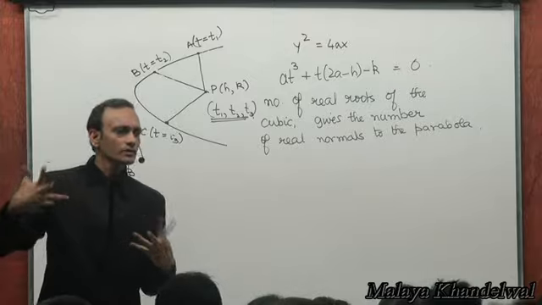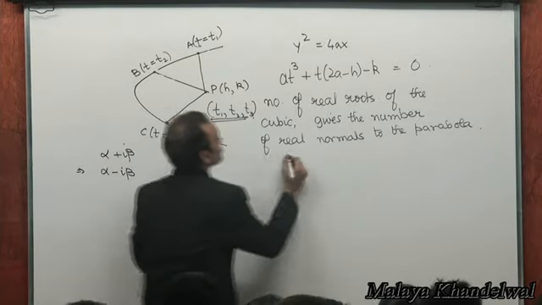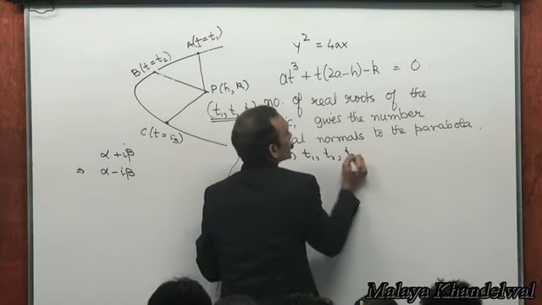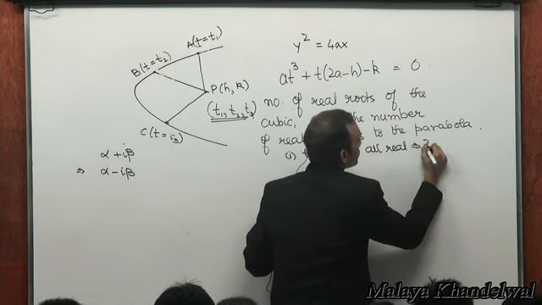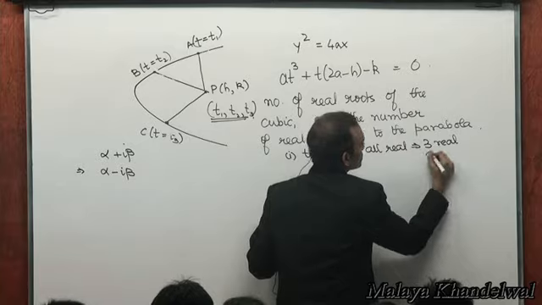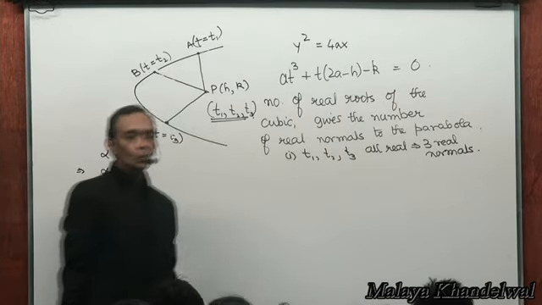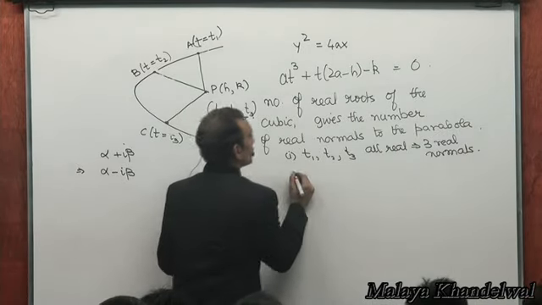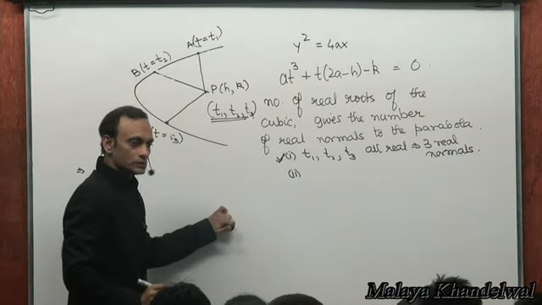That will give me the general case where all normals are real normals from (h, k). So one possibility is t1, t2, t3 all real, which means 3 real normals.